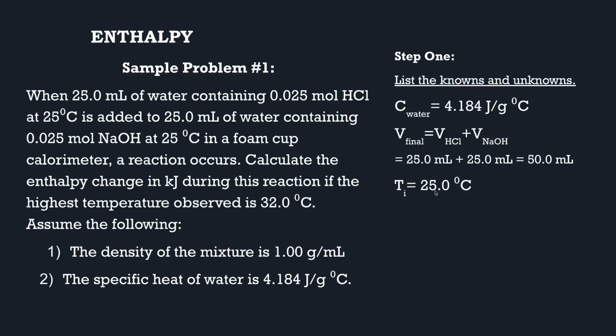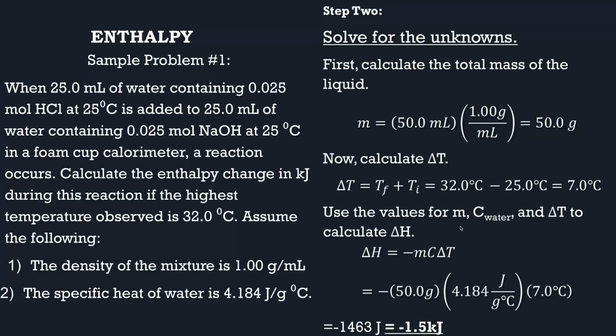Your beginning temperature, or Ti, for initial temperature, is 25 degrees Celsius. Your final temperature is 32 degrees Celsius, which should tell you that your delta T is what? 7. Good job.